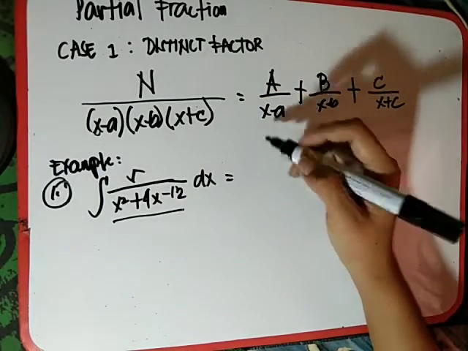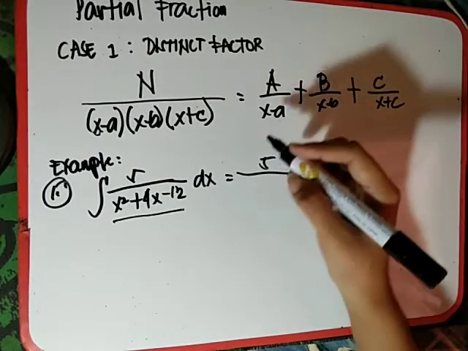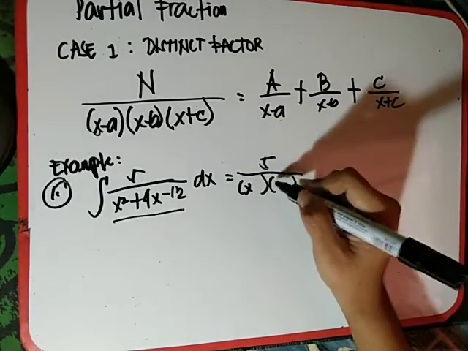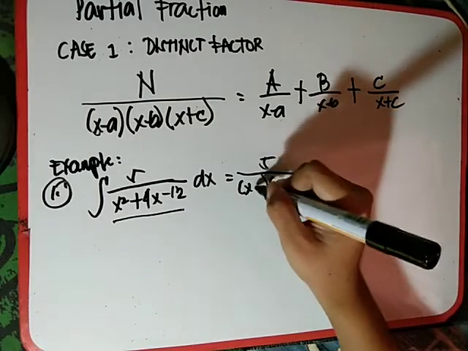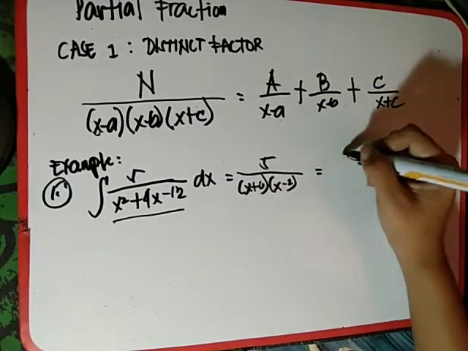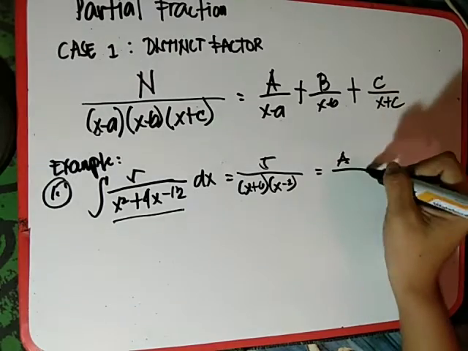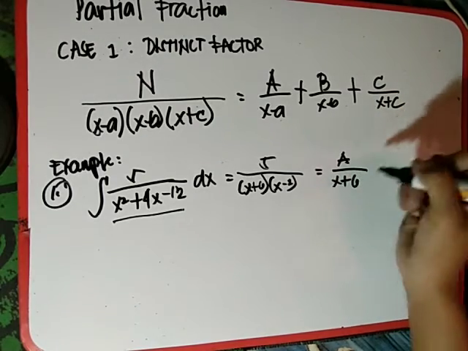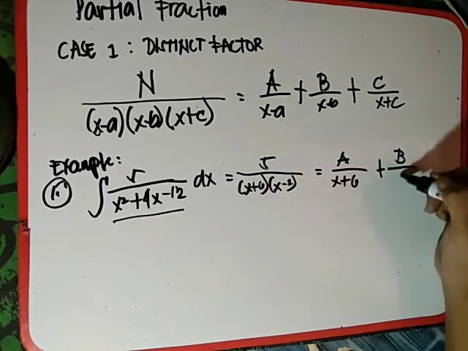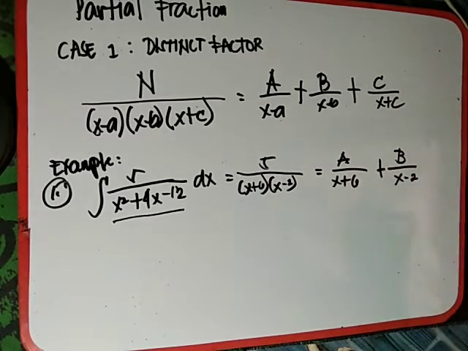We factor it as x plus 6 and x minus 2, which is equal to a over x plus 6 plus b over x minus 2.